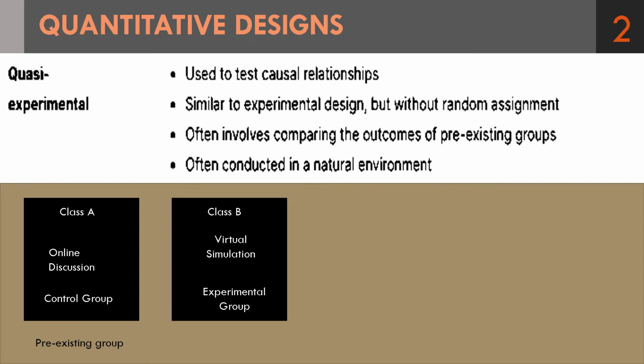Now, parehas silang bibigyan ng pre-test. Parehas na gagawin yung intervention, which is the online discussion and virtual simulation. At parehas silang bibigyan ng post-test. Ngayon, titignan kung sino ang mas mataas: the control group na ang ginamit ay yung common na online discussion or the experimental group na ang ginamit ay yung virtual simulation.